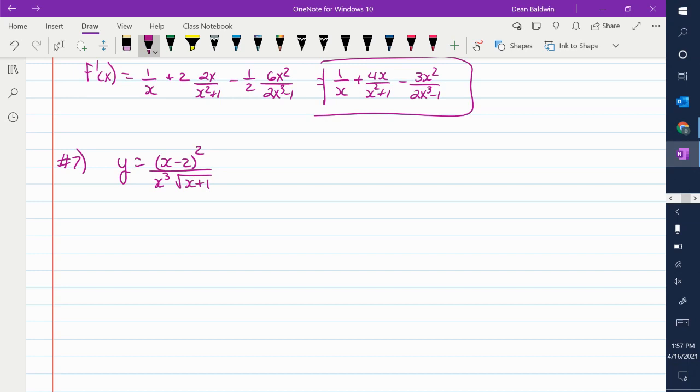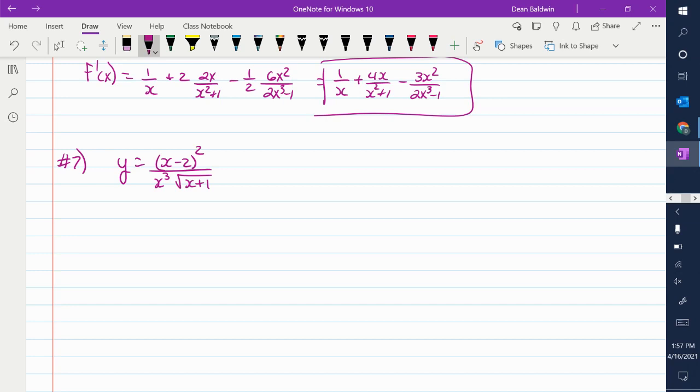But say I gave you that function and said derive it. What rules are we going to need to use? All of them. You've got a quotient, so that's quotient rule. You've got an exponent and a radical, so that means the power of a half, so that's chain rule. And the two bottom ones are being multiplied together, so it's a product. So it's a quotient rule with a chain and product inside of it. That's going to get huge.